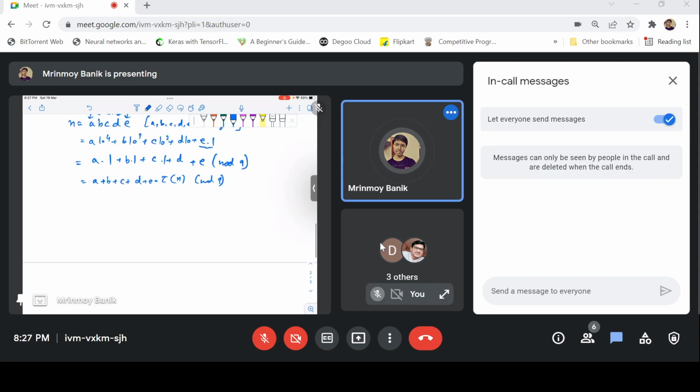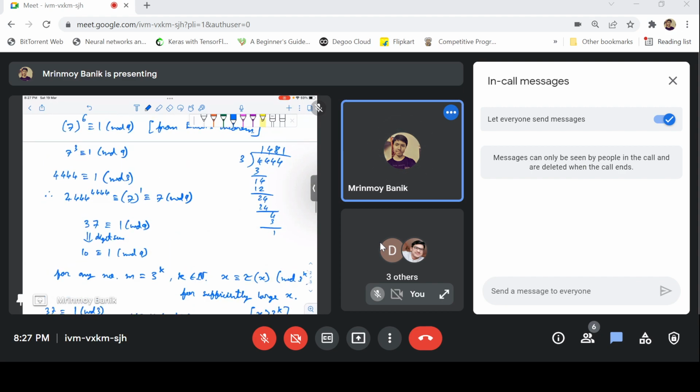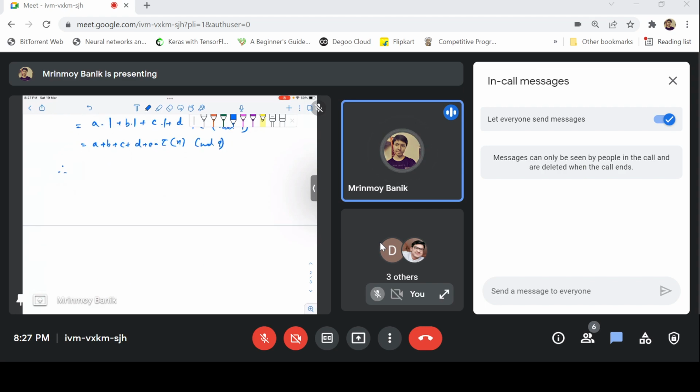Okay, so for this example we have 4444 power 4444 is 7 mod 9. So a, the digit sum of 4444 power 4444, is also congruent to 7 mod 9, and so is b.